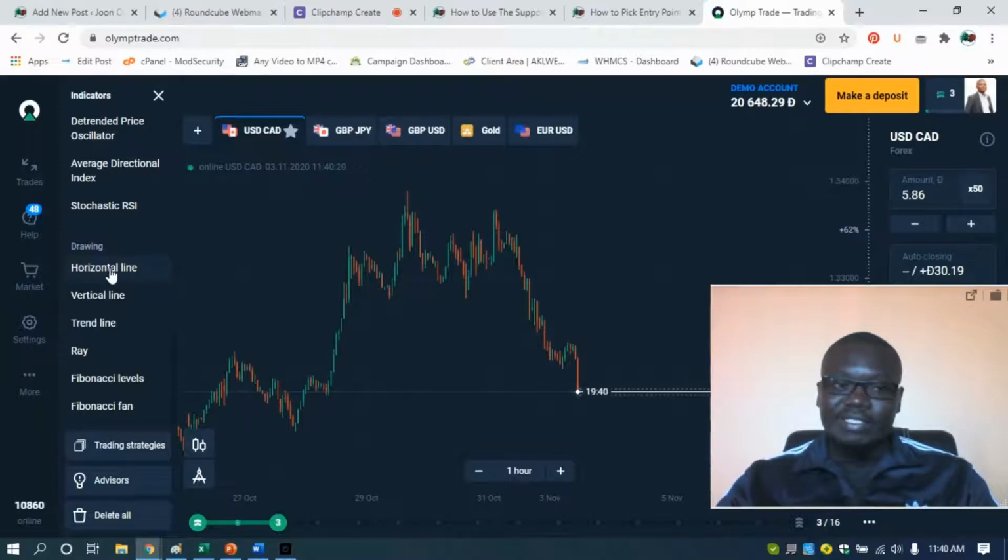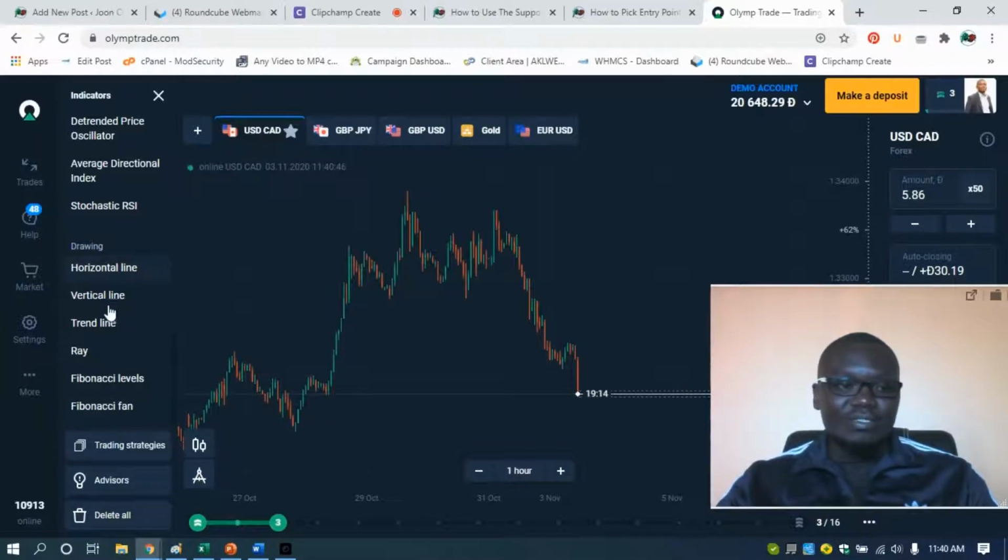Olymp Trade has different trading tools that you can use to mark these levels. One of those tools that you can use to mark support and resistance levels on Olymp Trade is the horizontal line. You can also use trend lines. You can use Fibonacci levels, or you can use Fibonacci fan.